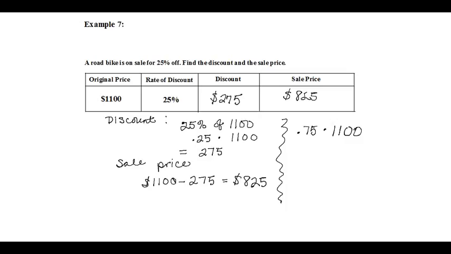Okay? So on examples 8 and 9, go ahead and pause and take a moment to see if you can figure those out. So looking at example 8, that's like our first increase and decrease problem that we did. And example 9, Allison's making 25% commission on every item sold, and she sells a $119 bracelet.